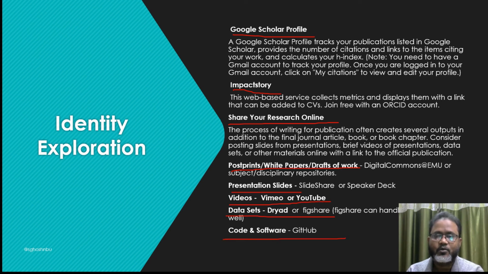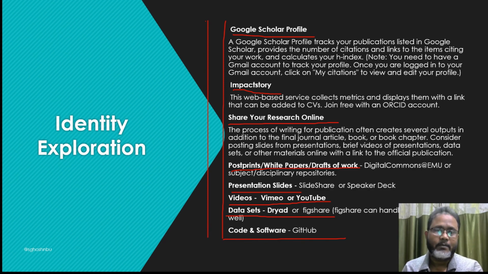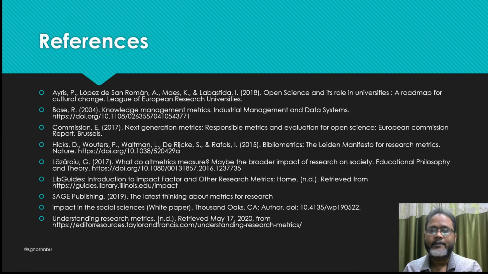That is, show all of your activities in different channels, not only by publishing your articles in journals. And there is a single platform, LIU Post, for scholarly publishing resources for faculty. You can go to this site and check it, and these are the references.